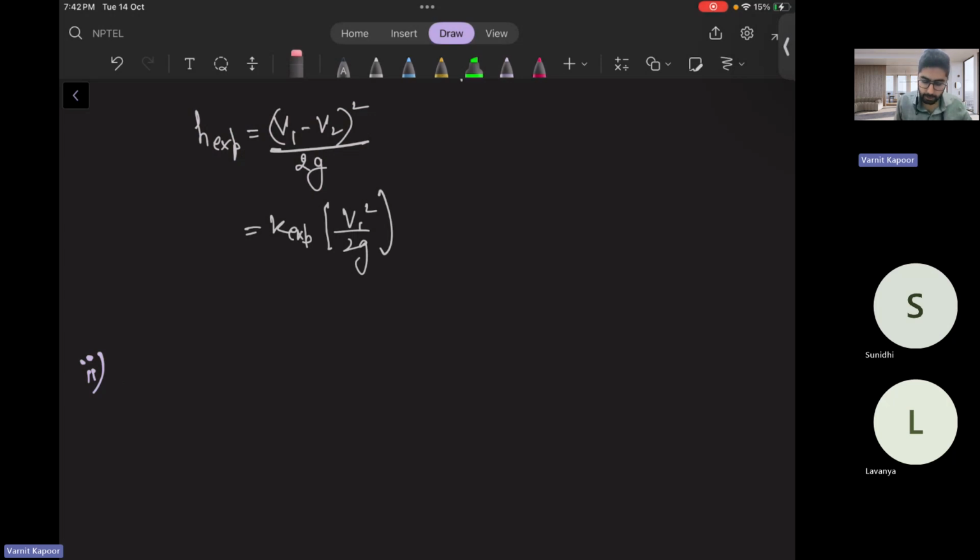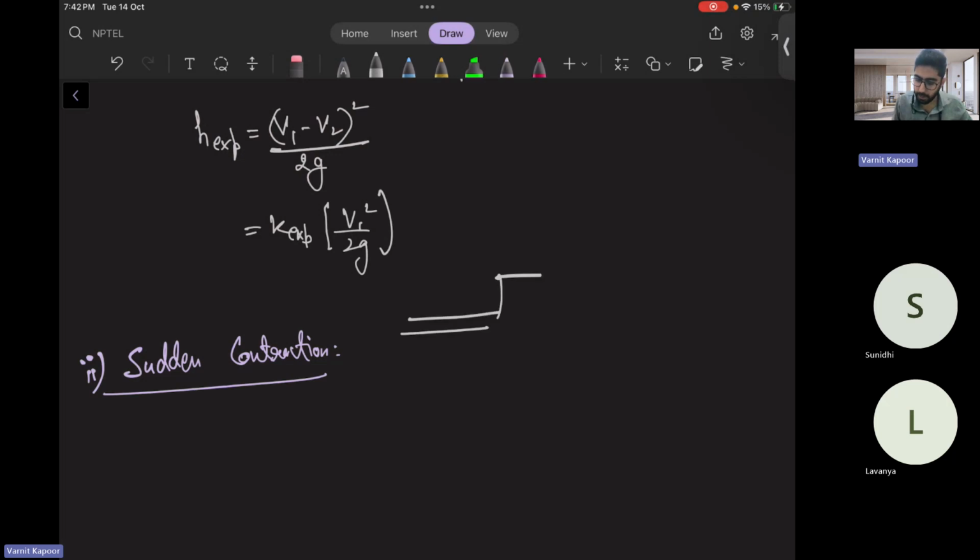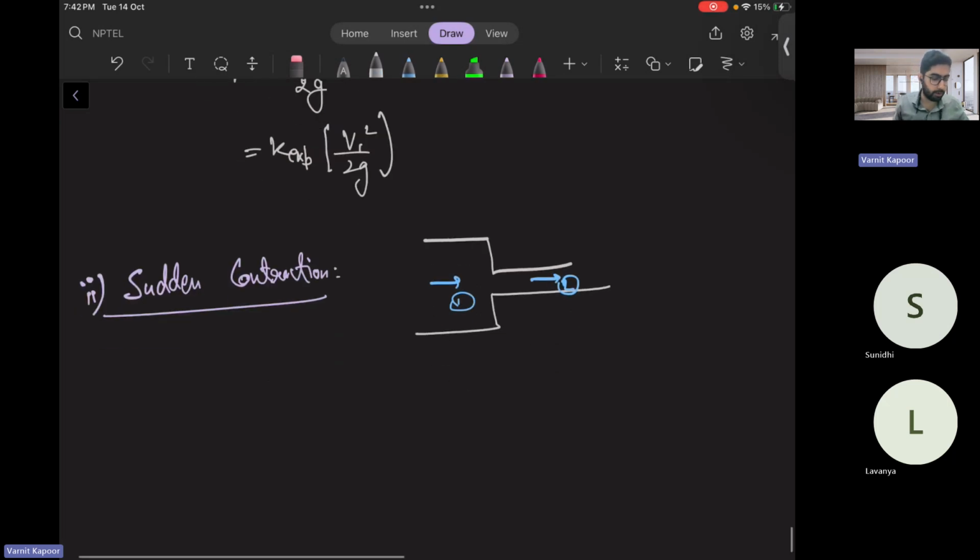Second is sudden contraction. Expansion was flow from here to here, 1 to 2. When contraction is happening, you know that there is a vena contracta. We have discussed this.